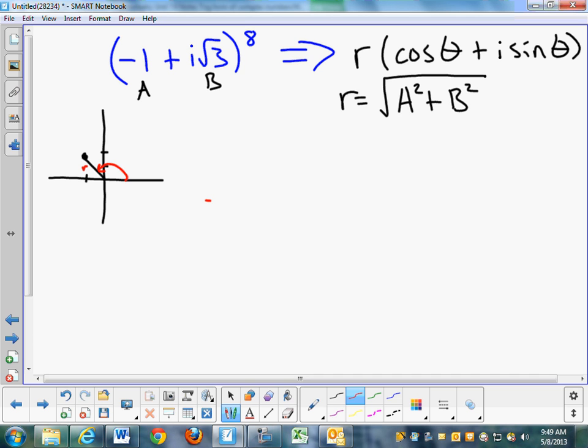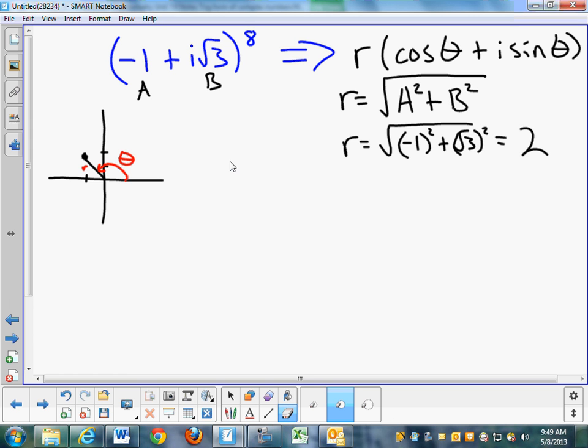The theta value is going to be the rotation to get us there. So if you work this out, r is equal to the square root of negative 1 squared plus the square root of 3 squared. And you guys came up with a value of 2. So 2 is the correct r value. Then you have to figure out theta.